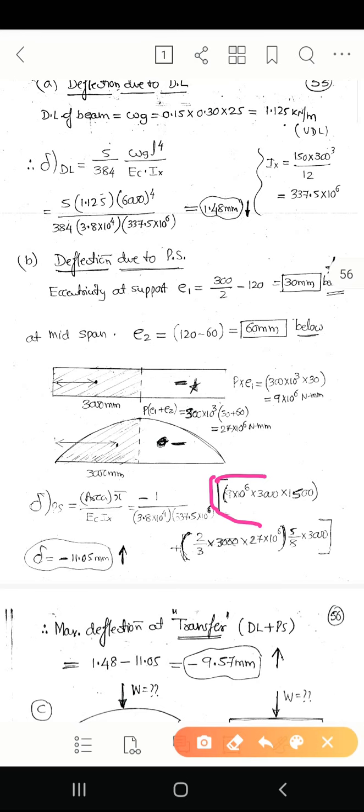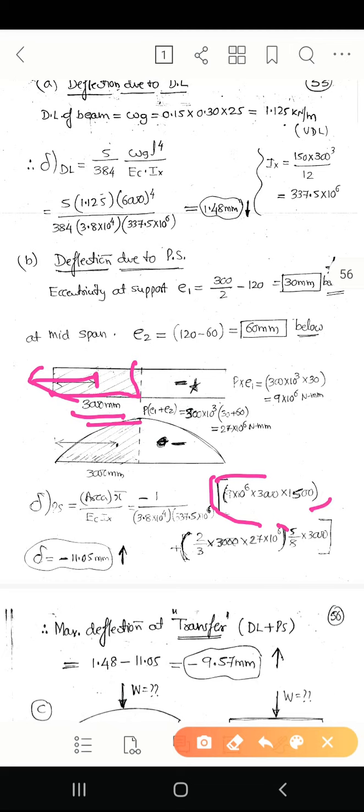Area is what? So length into height. So length is half length is this one and the height is this one. So height is 9 into 10 to the power of 6 into length is 3000 into CG, center of gravity towards the support is L by 2. That is L is 3000 divided by 2 is 1500 that we have substituted.